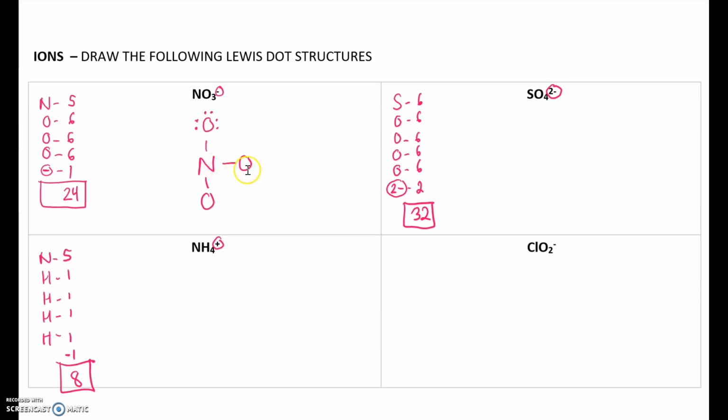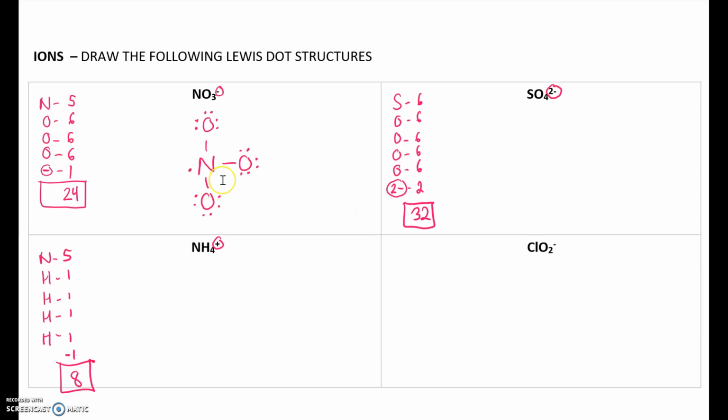Let's go to this next oxygen over here. It needs 6 more around it as well. So I'll put in the lone pairs. 1, 2, 3, 4, 5, 6. Let's do this oxygen over here. Also, it only has 2, so it needs 6 more electrons. 1, 2, 3, 4, 5, 6. And then finally, let's do this nitrogen here. The nitrogen now currently has 6 electrons around it. 2, 4, 6.